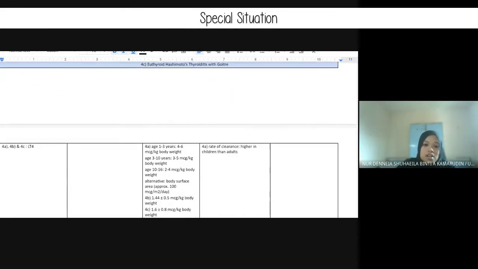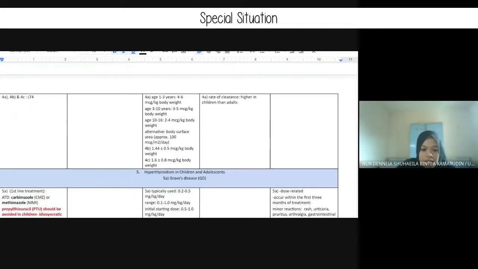The difference can only be seen in the dosage. We need to note that the rate of clearance of levothyroxine LT4 is higher in children than adults. As a result, the daily dose on a weight basis is higher in children.